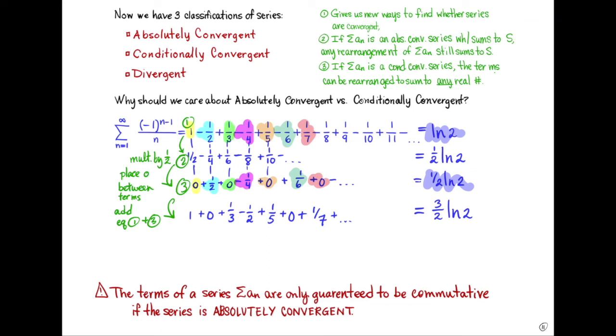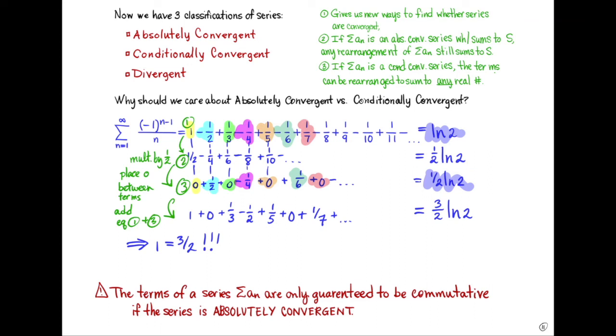And you can see that this line here is the exact same terms as in the first line, just rearranged, which then basically would be saying on the right-hand side of our equation that the natural log of 2 is equal to 3/2 the natural log of 2. Or if we divided out the natural log of 2's, we would have just proved that 1 is equal to 3/2. Clearly not so. So the issue here is that the original series, the alternating harmonic series, is conditionally convergent.